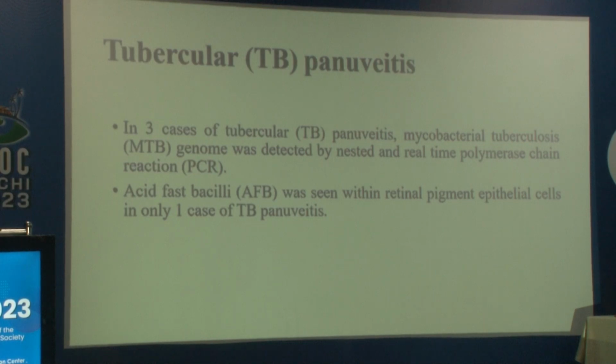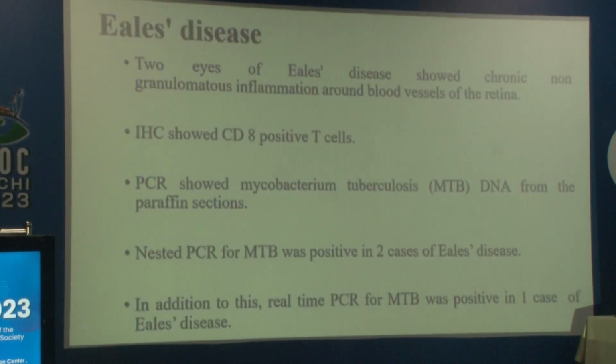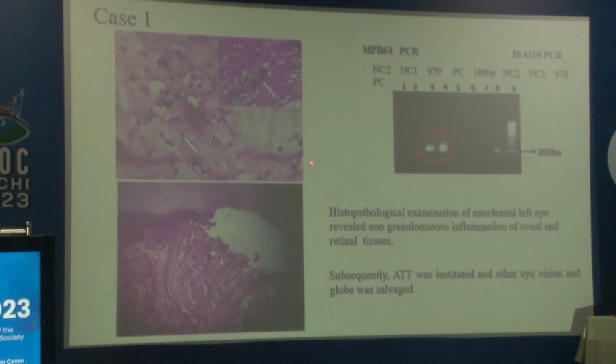In tubercular panuveitis, we had 3 cases where Mycobacterium tuberculosis DNA was found to be positive, and you can see the caseation necrosis over here, which is very characteristic, and the PCR was positive for MPB64 and IS6110 region. In the case of Eales disease, we fortunately had 2 eyes of Eales disease. It's not usually enucleated; it becomes a chronic non-granulomatous inflammation of the blood vessels of the retina. One of the patients who was blind, I almost begged the patient to unravel the mystery of Eales disease.